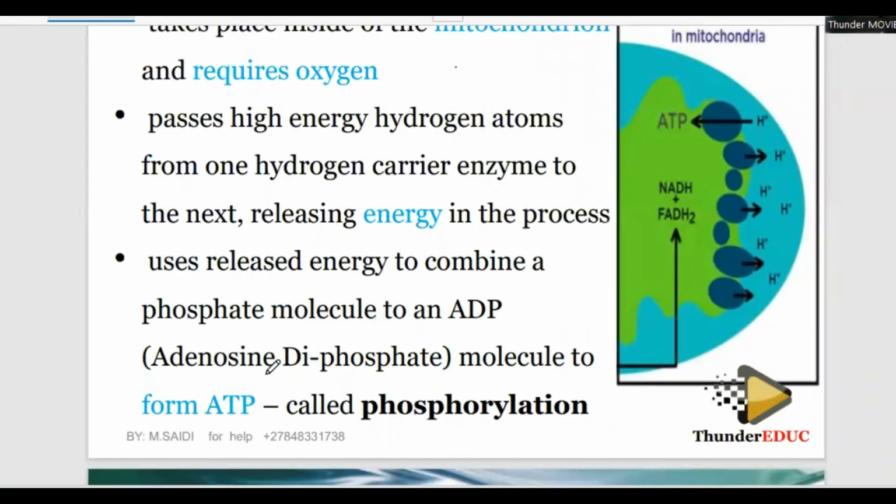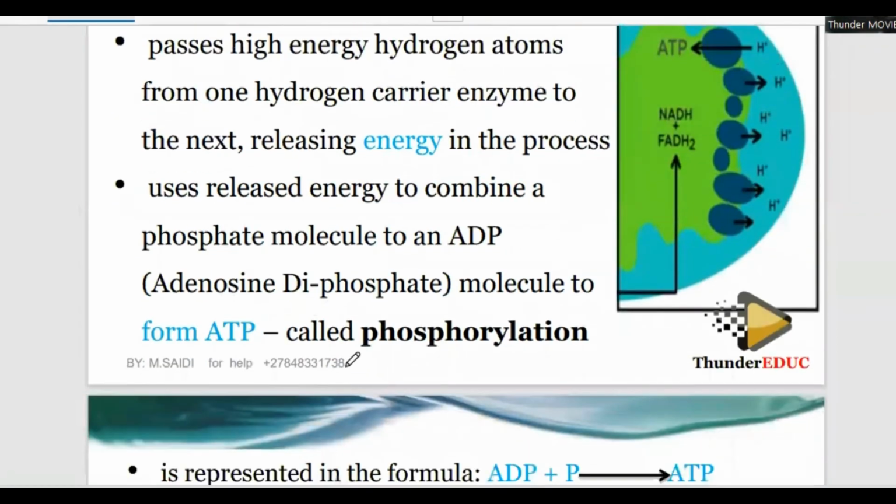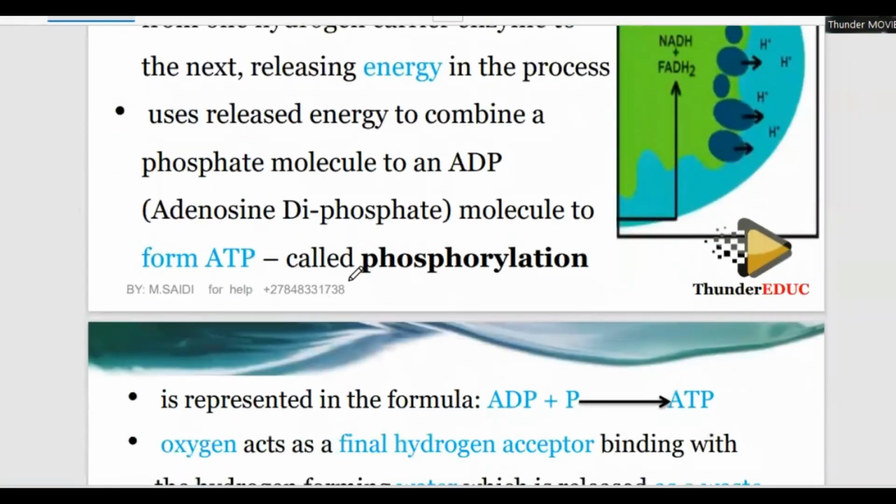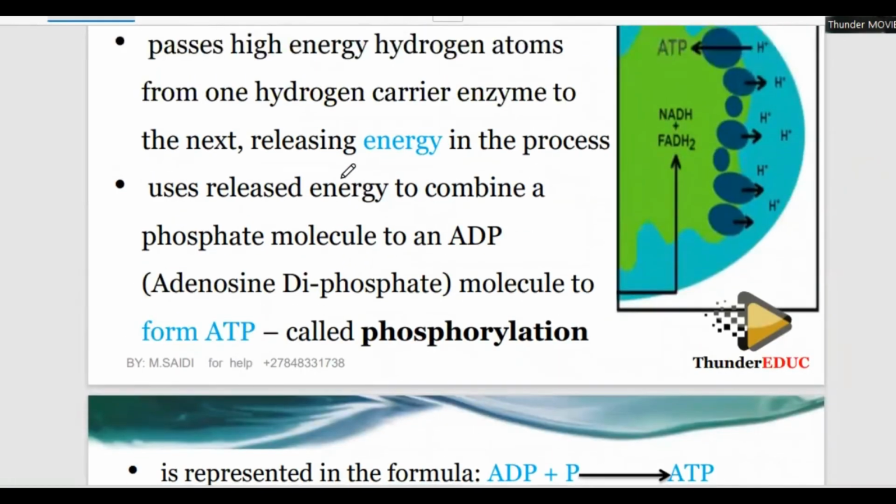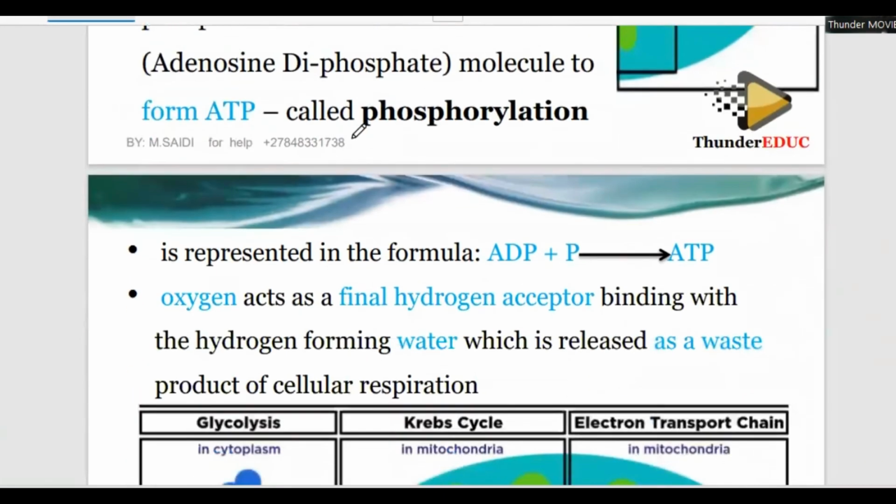Hence, you form adenosine diphosphate to adenosine triphosphate. This process is called phosphorylation, and because oxygen is involved there is oxidation and reduction. So this process is an oxidative reaction. Hence, we call it oxidative phosphorylation.